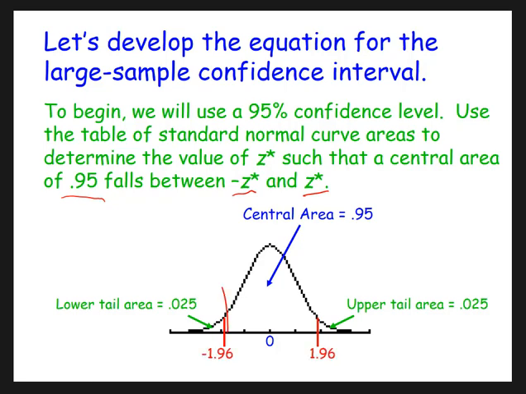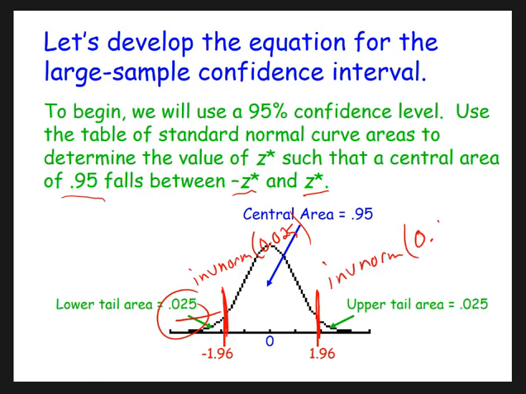So this here would correspond to an inverse normal of 0.025, because the area to the left of that is 0.025. This here would correspond to an inverse normal of 0.975, because the area to the left of that is the 0.025 plus the 0.95, which is 0.975.